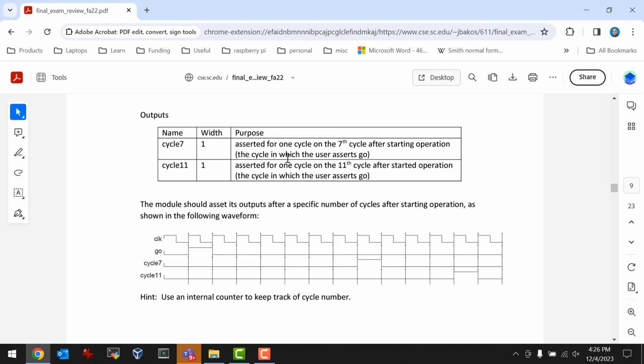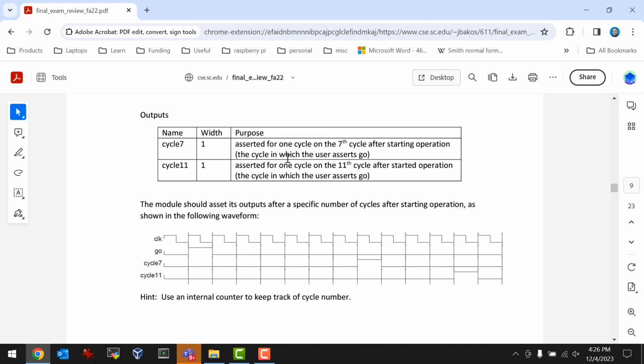Okay, so then I'll say if running, then you can have count equals count plus, and then how many bits is the counter? I've got to go up to 11, so 4 bits. So 4'b1, right? And then if count equals 4'd7, then cycle 7 is going to be 1'b1.